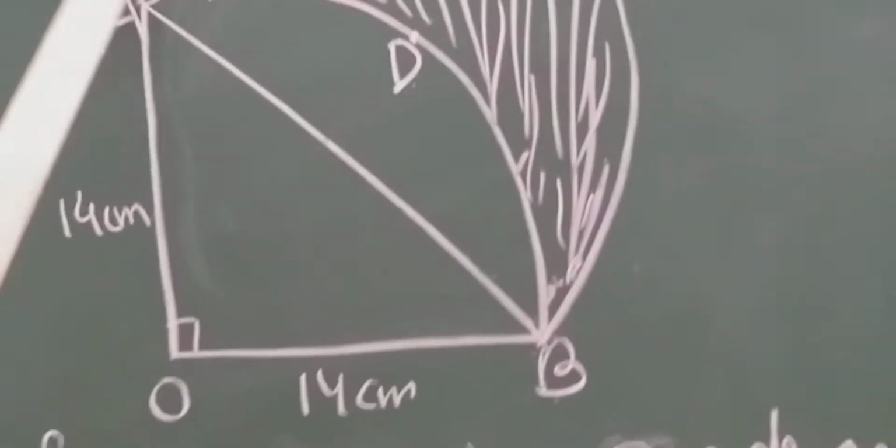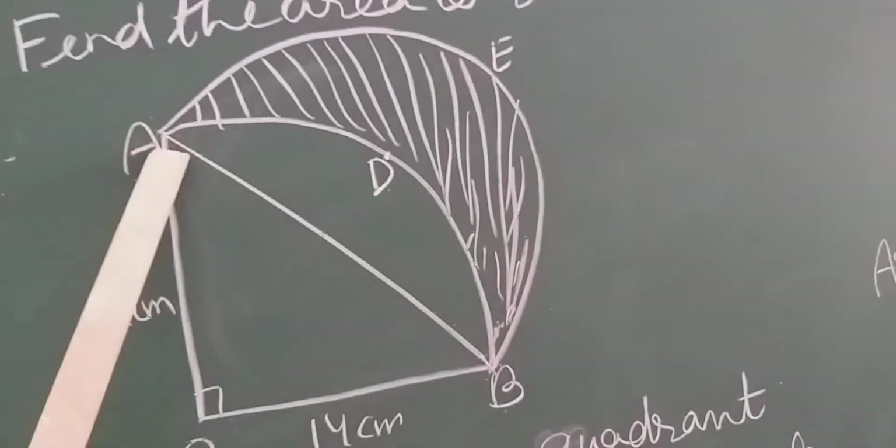So the area of this semicircle is 154 centimeter square.